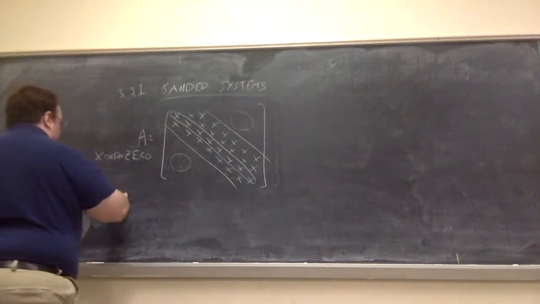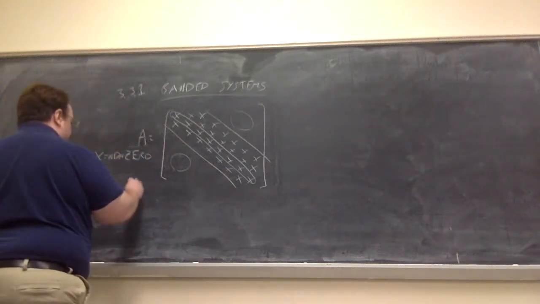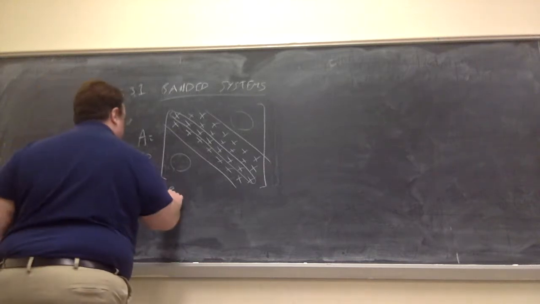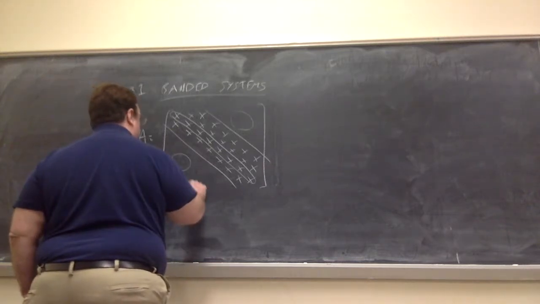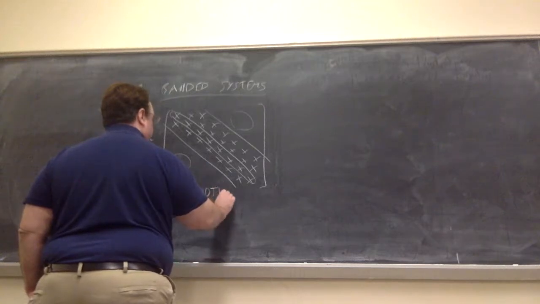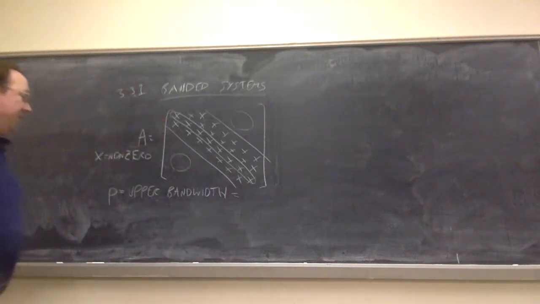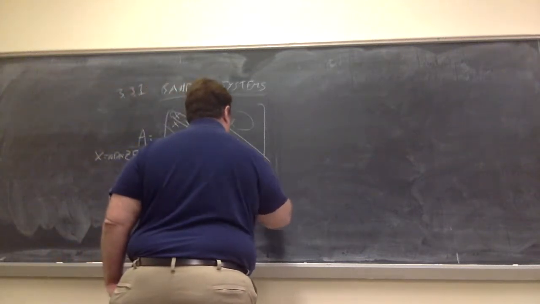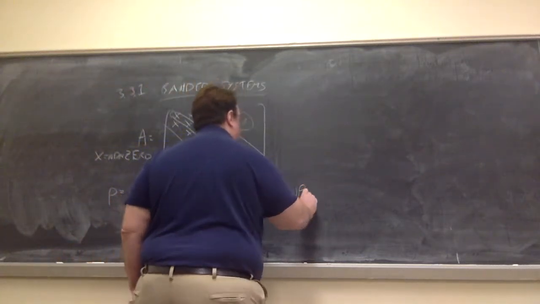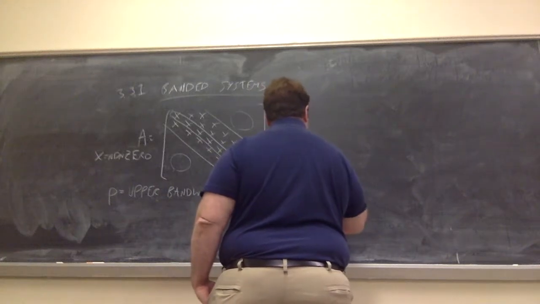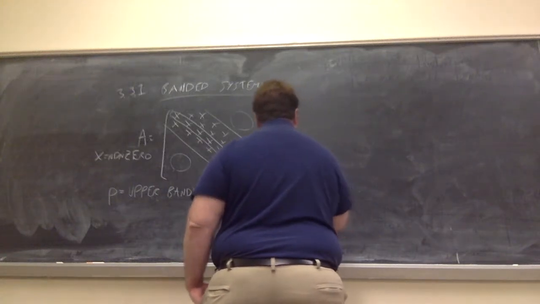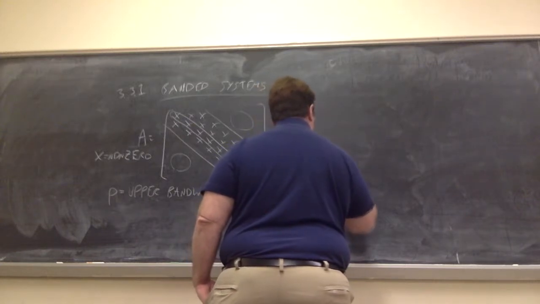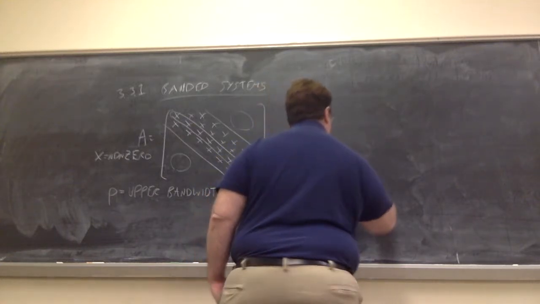So I'm going to define P. Use P to refer to the upper bandwidth, and upper bandwidth is equal to the number of non-zero superdiagonals.